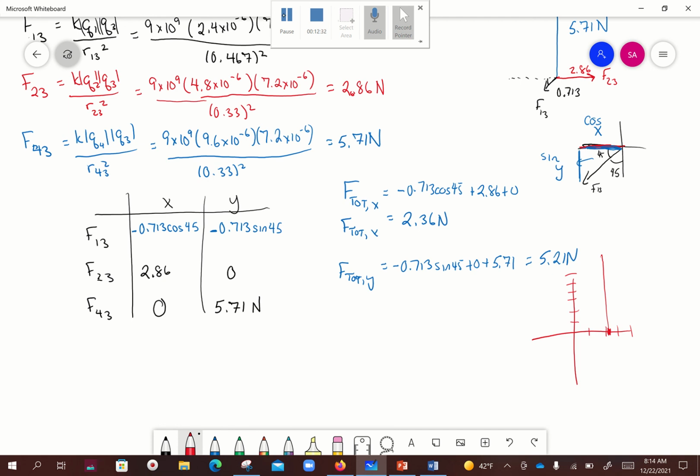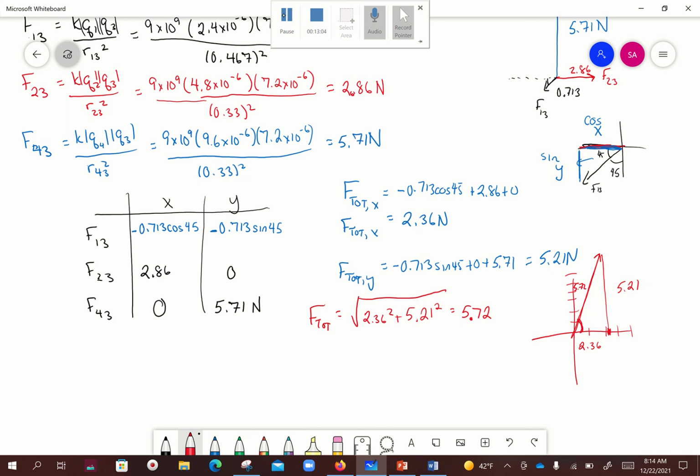All right, so I've got something that looks like this. So I know I'm in quadrant 1. So I want to find the magnitude, the length of this vector. To find the magnitude of the total force, just use Pythagoras, x squared plus y squared, so 2.36 squared plus 5.21 squared, and I get 5.72 is my length.